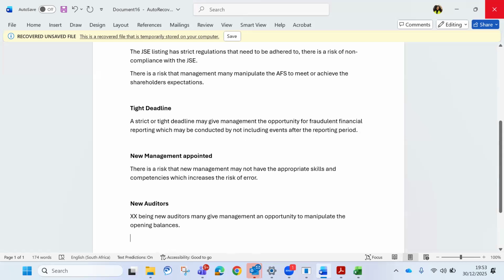Besides manipulating opening balances, it means that the client knows that the auditors are new. The client knows that the auditors are new. And what? This will now give them an opportunity for fraudulent reporting, as the auditor is unfamiliar with the client's operations.